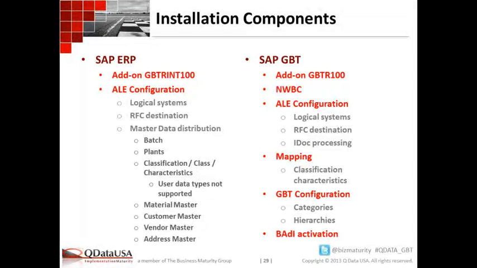So you wouldn't have the standard classifications and characteristics that SAP provided when you got the software, so we need to do mapping between what you use and what GBT currently has. GBT configuration at the end of the day, categories and hierarchies, and then BADI activations, and we'll go through some of the BADIs now. That's what's behind there.